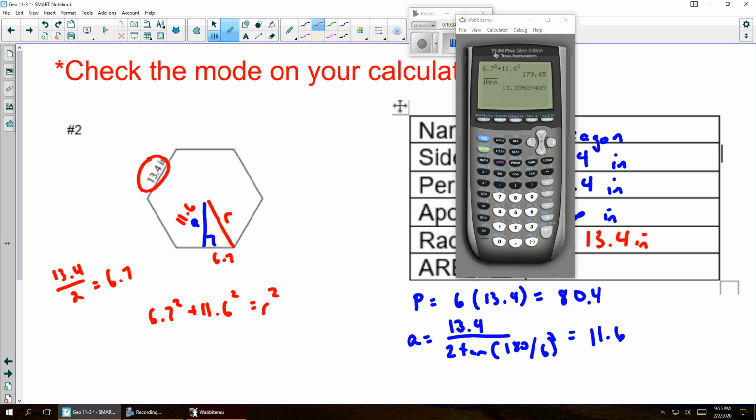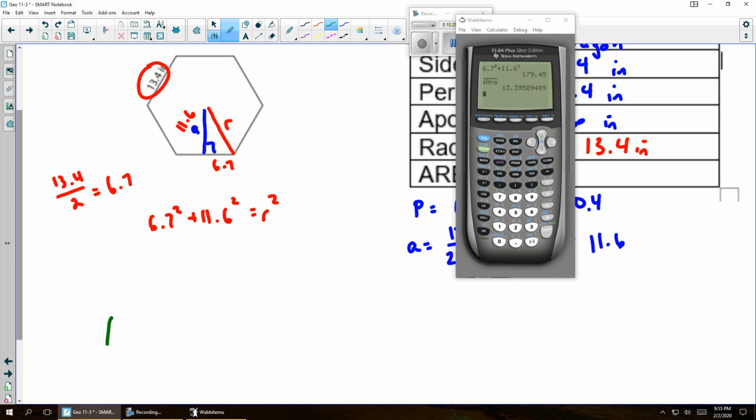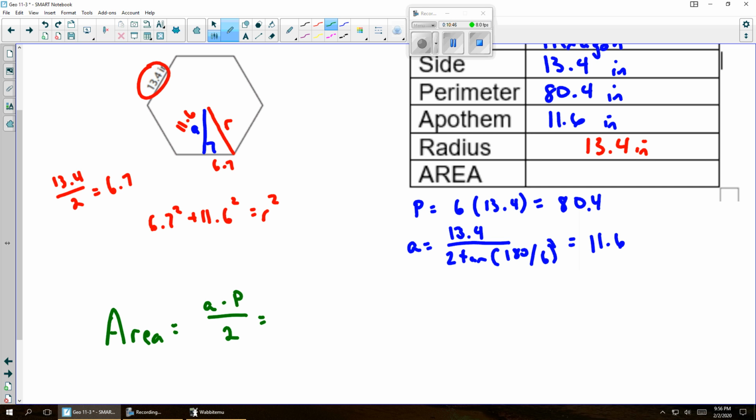And then finally, the new formula that we just learned, the area. So the area, which is not spelled like that. There we go. Area is formula that's on the back inside cover. The apothem times the perimeter divided by 2.